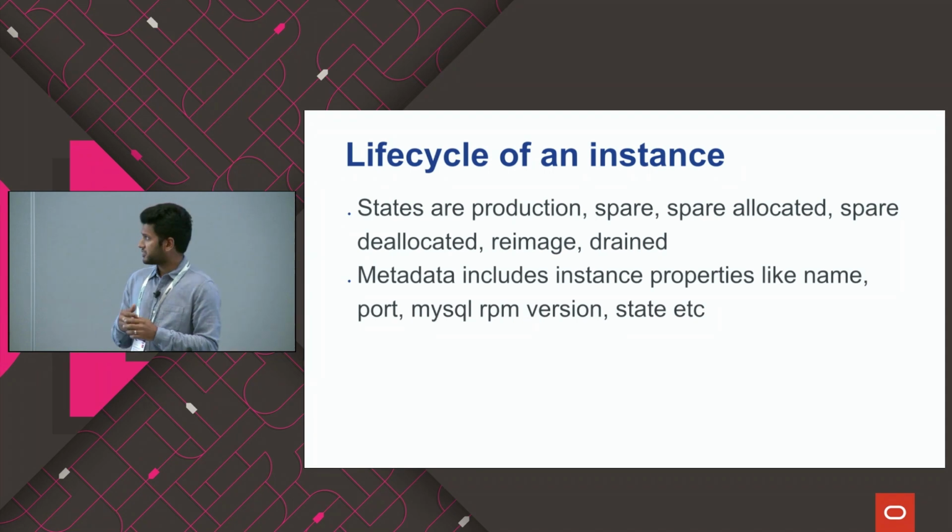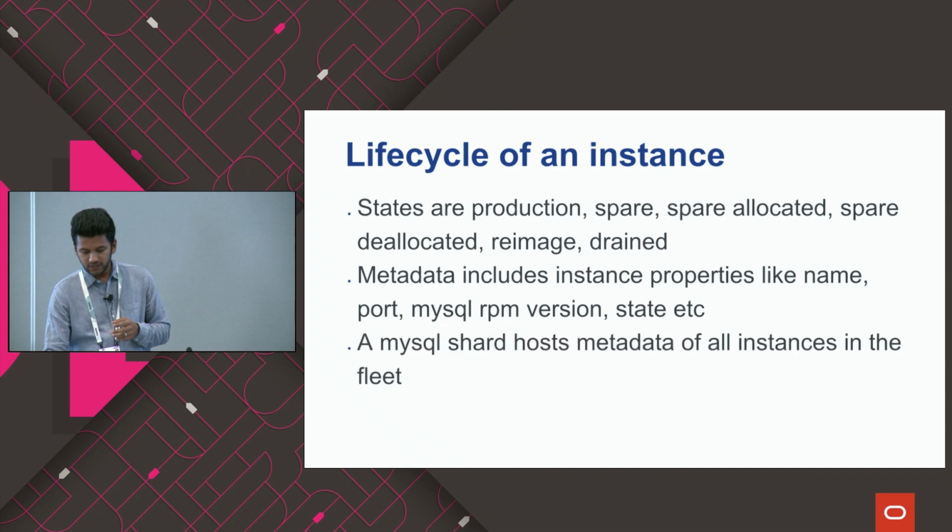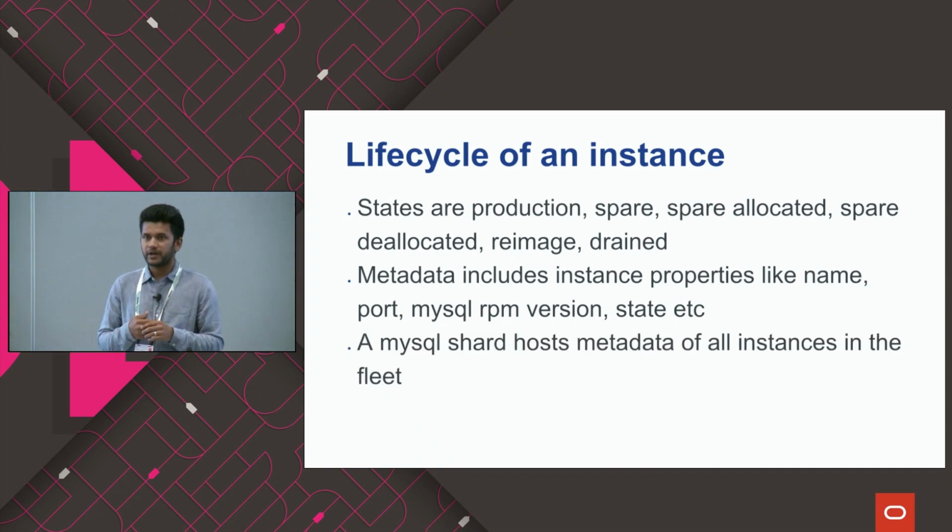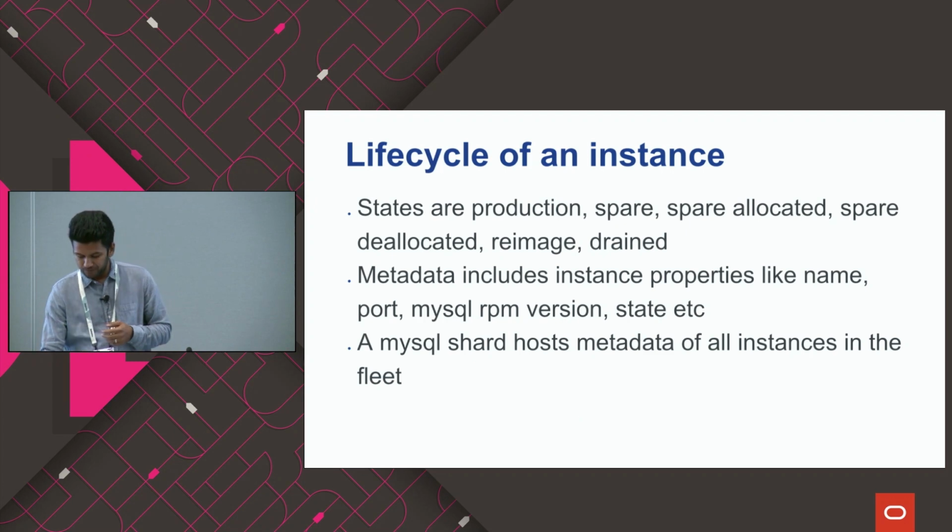Every instance has some sort of metadata. The metadata has host name, port, the specific RPM version, and state, what I talked about. All of this is materialized in a MySQL shard, and that shard is the source of truth for what that instance has and how it looks, and that is used by our automation code to make decisions based on that shard.